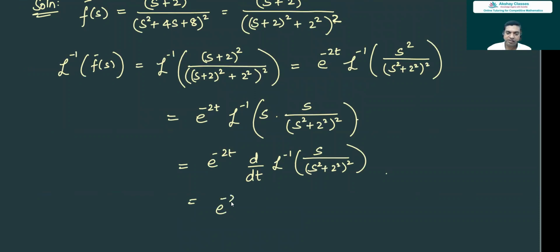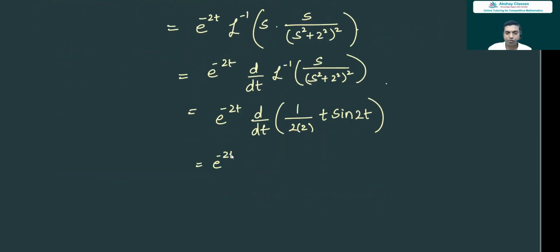So this is derivative of 1 by 2a. So 2 into 2, 1 by 4 t sine 2t.